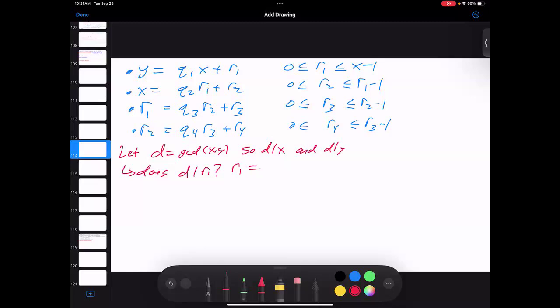What does R1 equal? Difference y and 1. Good. So R1 is y minus Q1x. D divides y. D divides x. So does D divide y minus Q1x? Yes or no? D divides y. It divides x. So does it divide y minus Q1x?